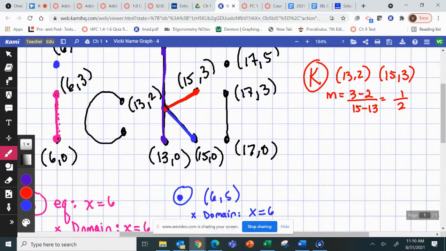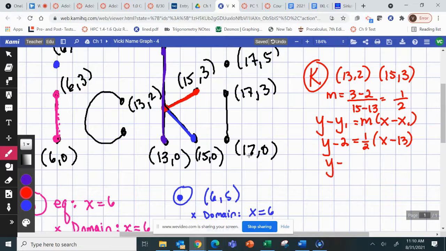Okay, here we were. So Amarian was telling me y minus y1 equals m times x minus x1. I'm writing it there. You don't have to write it every time unless you want to make sure you have it memorized. Then maybe you should write it every time. So I'm going to plug in, and I can pick whatever ordered pair. They're all positive. I'll just pick the first ordered pair. y minus 2 equals 1/2 times x minus 13. Then I'm distributing.